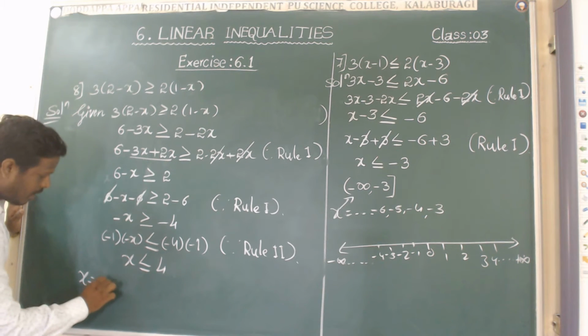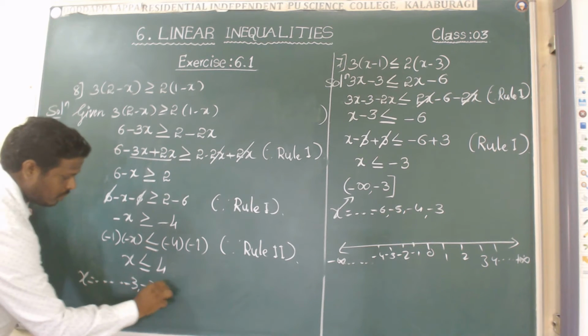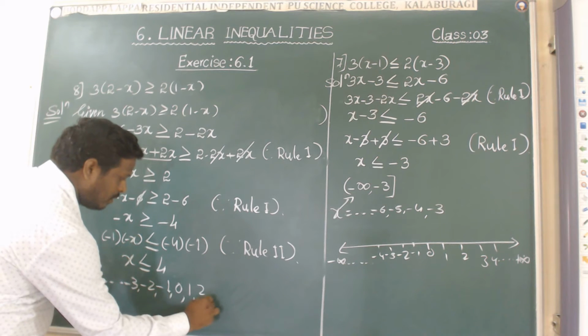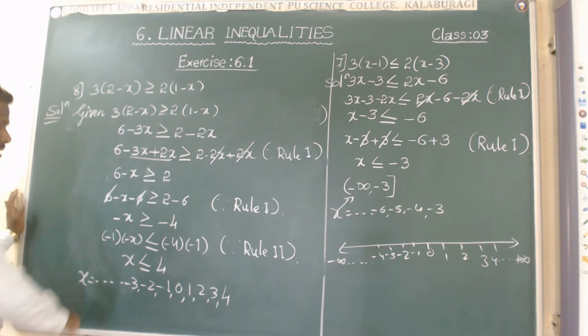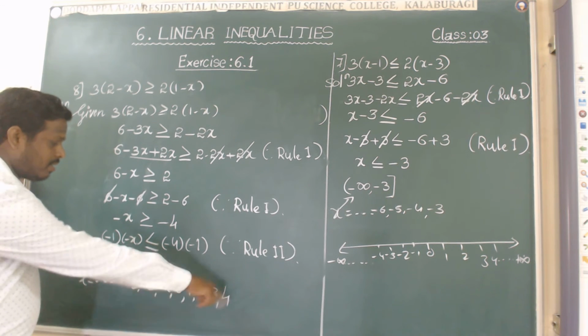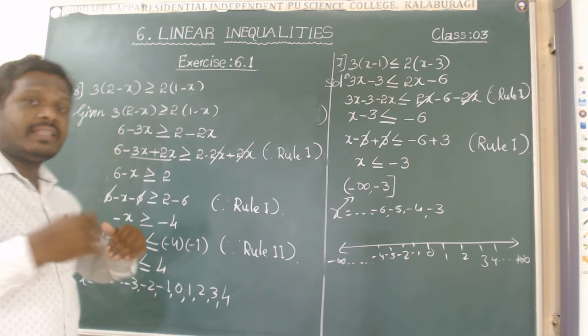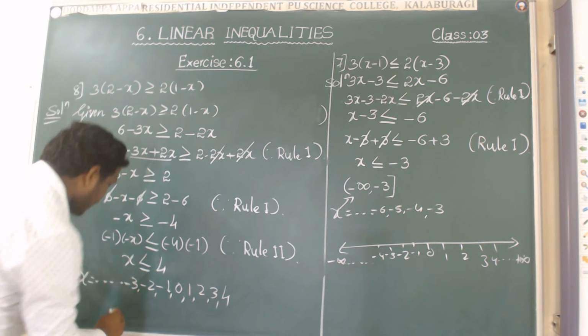In this way: so on, minus 3, minus 2, minus 1, 0, 1, 2, 3 and 4. As these are the solutions of x, how can we write them in interval form? Yes, the value of x will be written in this way.